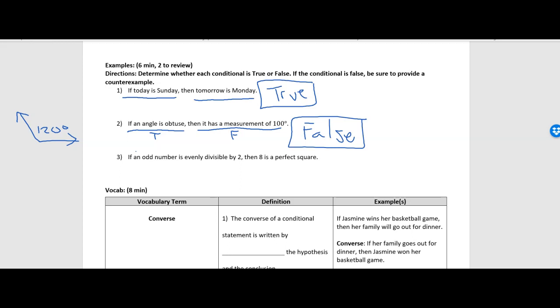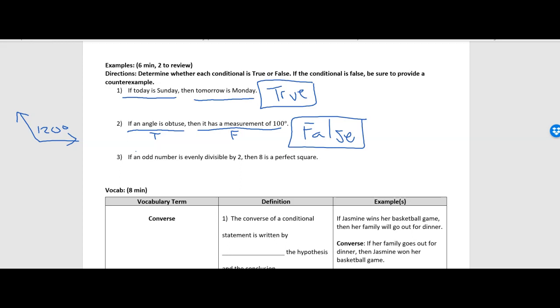Number 3, if an odd number is evenly divisible by 2, then 8 is a perfect square. Well, will an odd number ever be evenly divisible by 2? Okay, well, that's never going to be true.